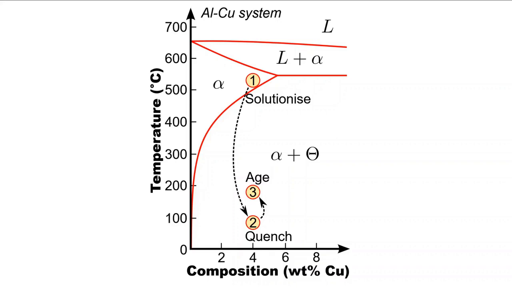Upon slightly raising the temperature and holding for a period of time, this quenched structure would slowly evolve some theta as the copper slowly diffuses out, reducing the degree of supersaturation. That is, a non-equilibrium precipitate of theta would form, depending on how long it was aged.